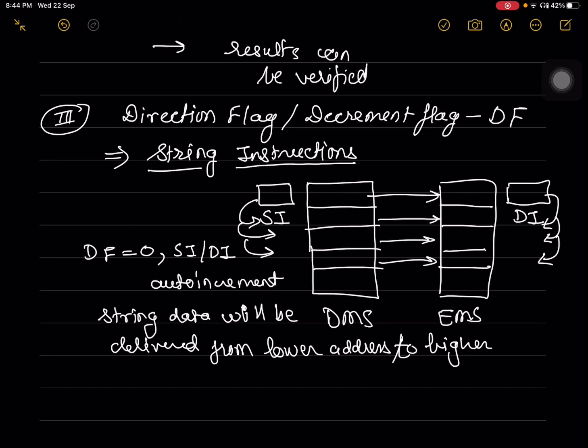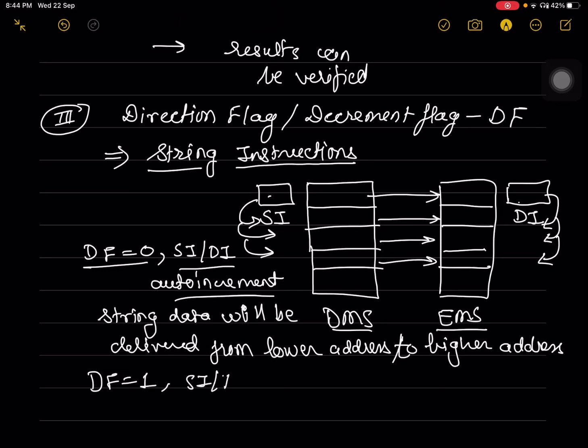So when the string is transferred from the data memory segment to the extra memory segment, the addresses in SI and DI registers will be automatically incremented if the direction flag value is equal to 0. On the other hand, if the direction flag value is equal to 1, then the SI and DI registers will be auto decremented, and that is why the flag is also referred to as the decrement flag.